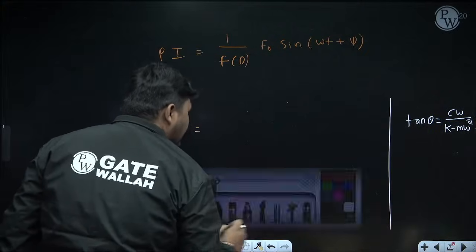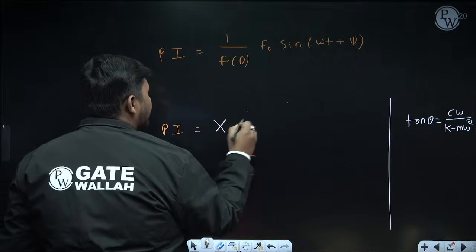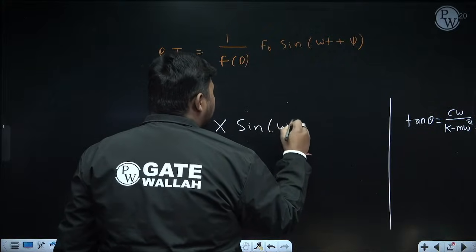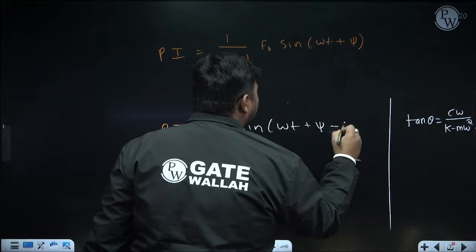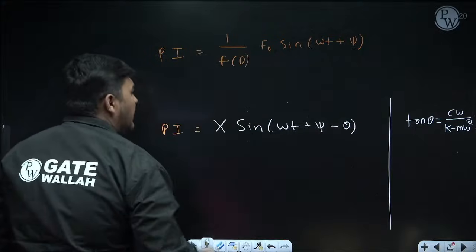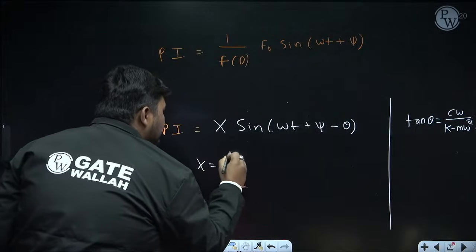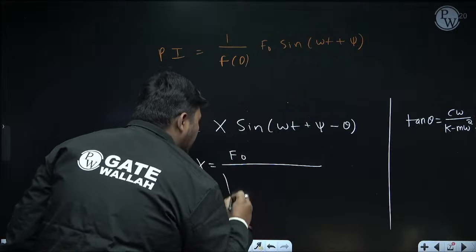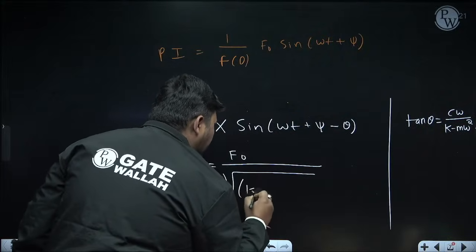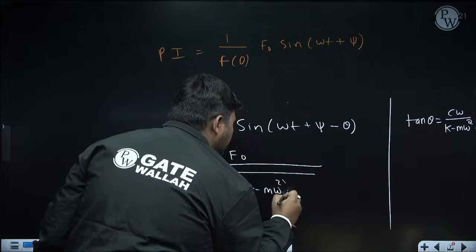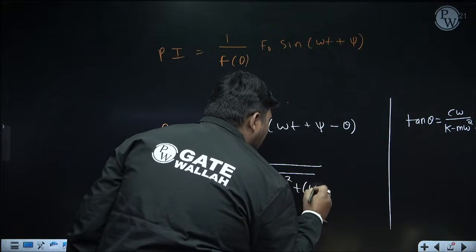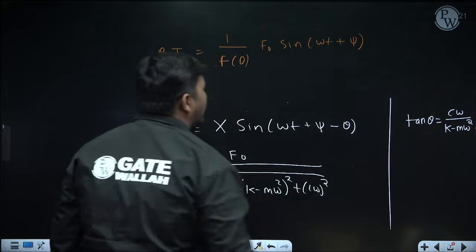Pi will be: the amplitude of pi is capital X sine, same frequency, omega t plus psi, with phase difference theta. The formula to calculate capital X is F naught upon root over (k minus m omega square) whole square plus (c omega) whole square. And the formula to calculate theta is this.